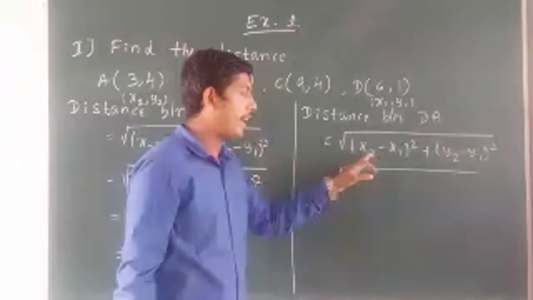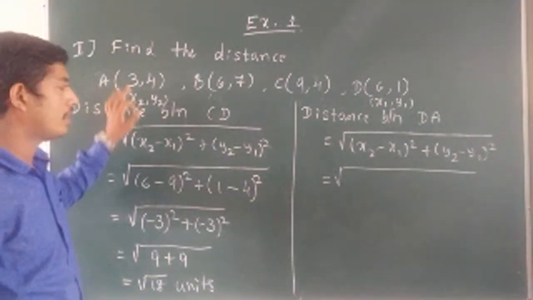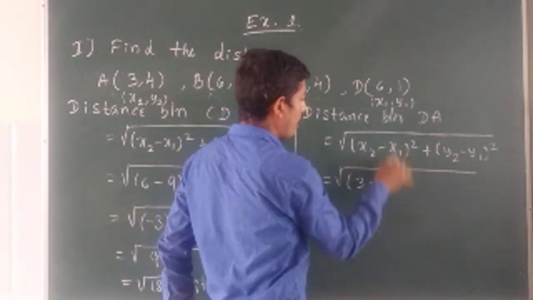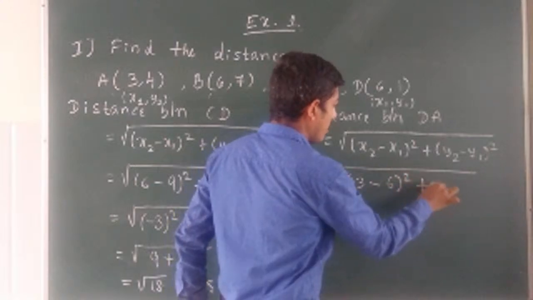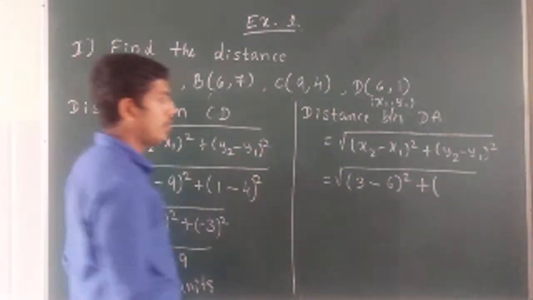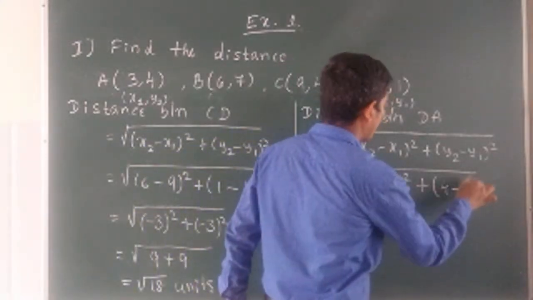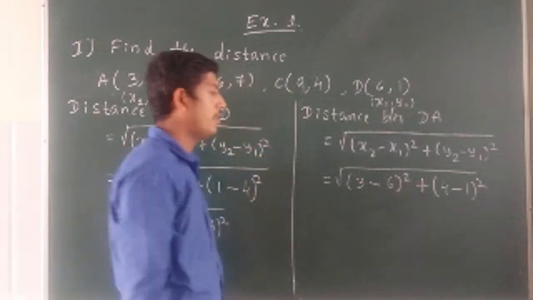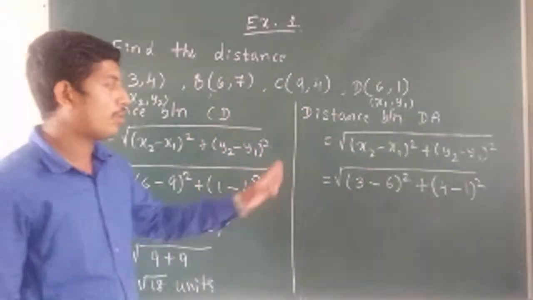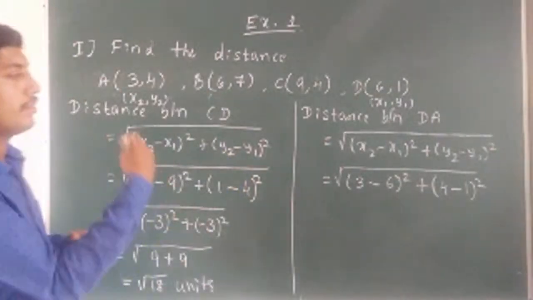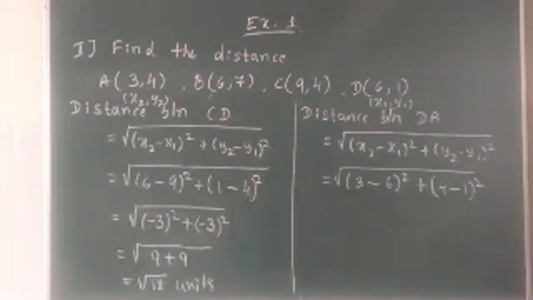So square root of x2 value is 3 minus x1 value 6 whole square plus y2 value is 4 minus y1 value is 1. So we got the step as square root of (3 minus 6) whole square plus (4 minus 1) whole square. Now solve that and comment with the answer.